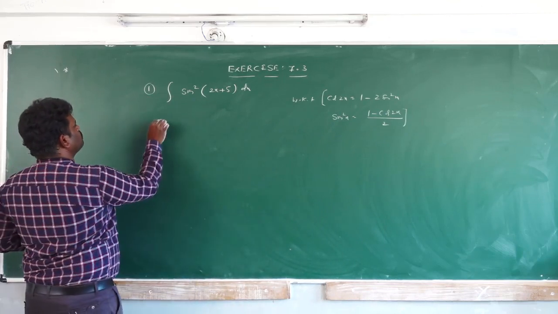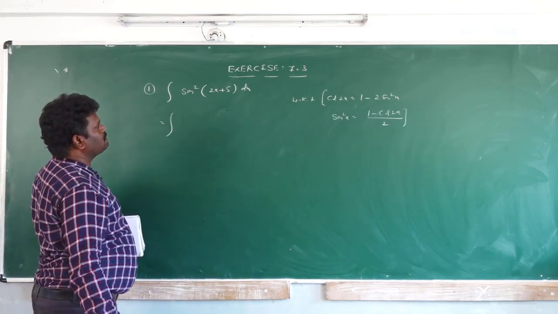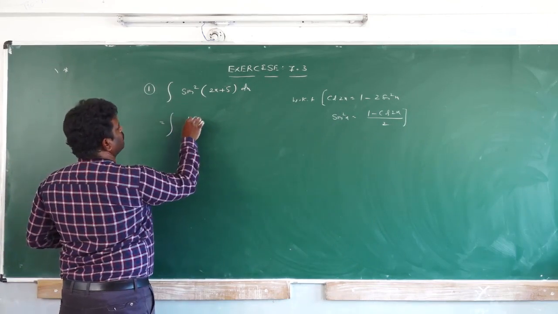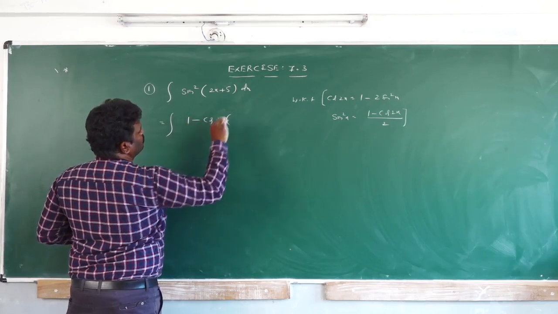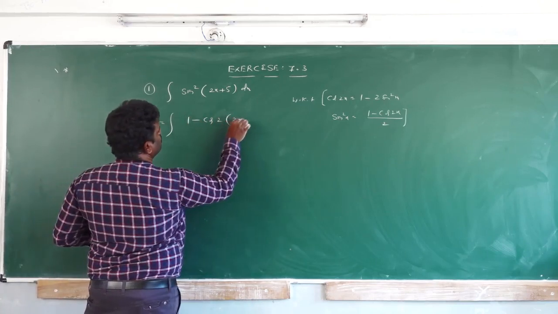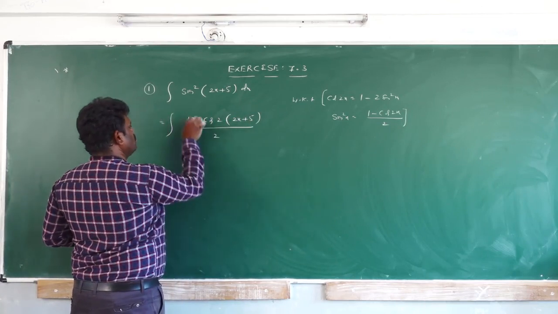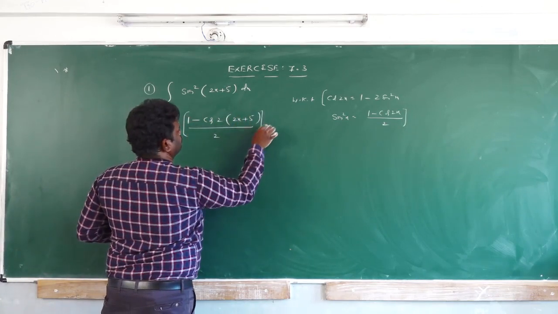Now if we replace it in sin square of (2x plus 5), we get the integral of (1 minus cos of 2 into (2x plus 5)) divided by 2 dx.